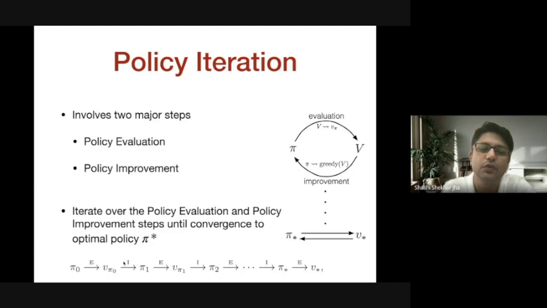We'll choose greedy actions, and then we will get a better policy pi 1, and it is guaranteed that pi 1 will be a better policy than pi naught after this improvement is done. Since pi 1 is better than pi naught, we can come up with pi 2 better than pi 1, and we'll keep on doing this until we have pi star, which we cannot improve further. And this method is called the policy iteration method.